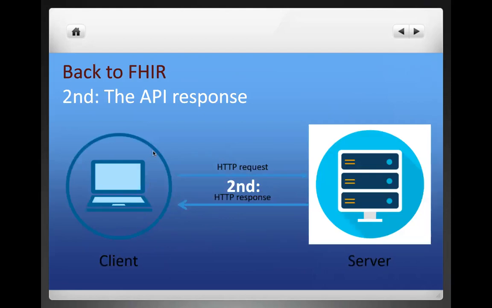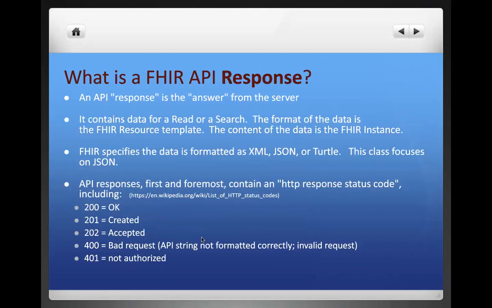So we haven't completely made it through the circuit yet. We were focusing mostly on the request, although we did talk a little bit about the response, but let's go into a little bit more detail about this message coming back from the server to the client. The response is the answer from the server. It contains the data if you were doing a read or search.